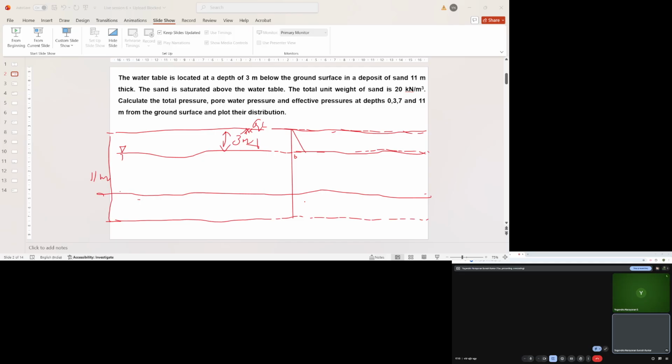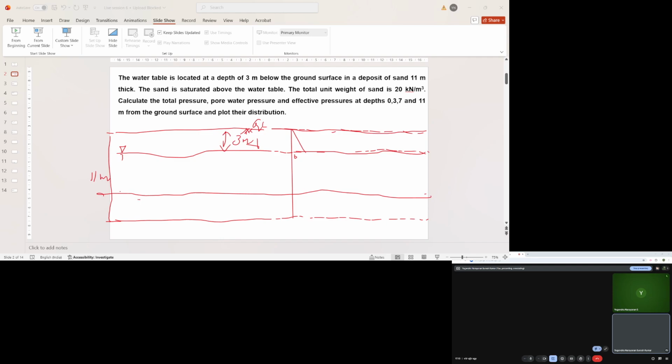The pore water column from 3 to 7 meters is 4 meters, and 4 into 10 is 40. So the effective stress is 140 minus 40, which is 100.